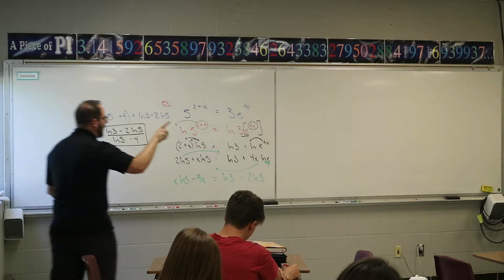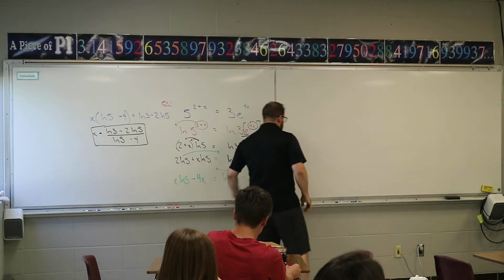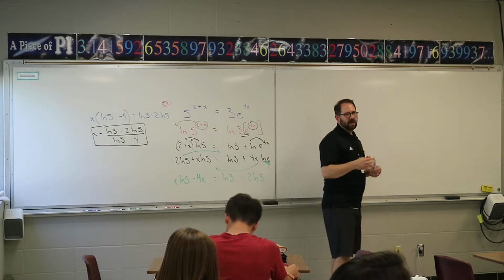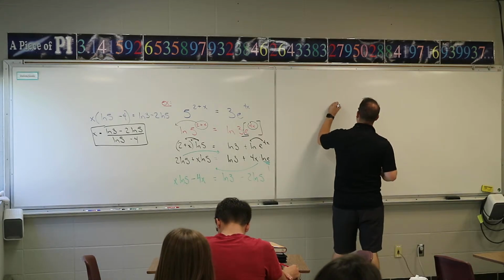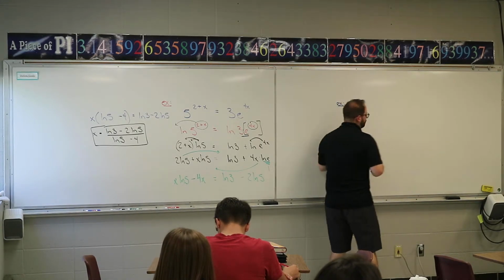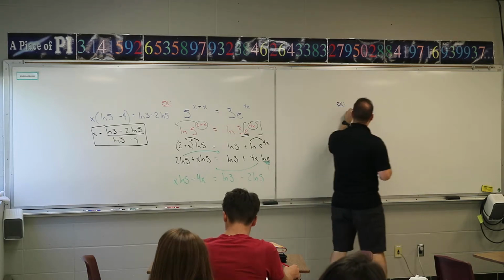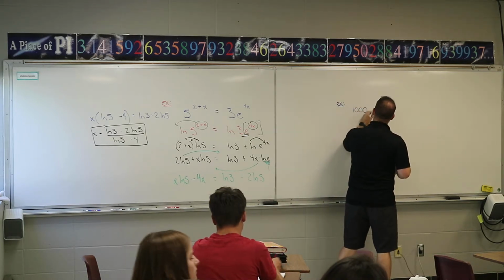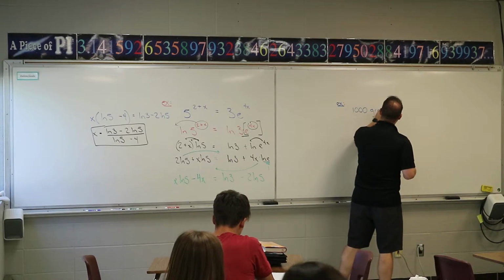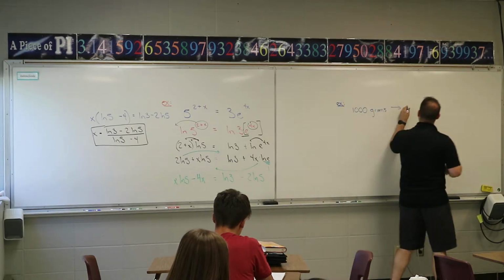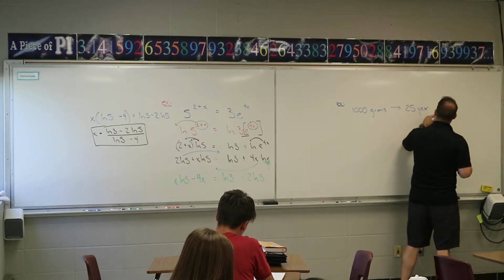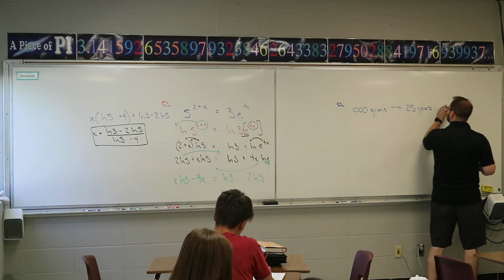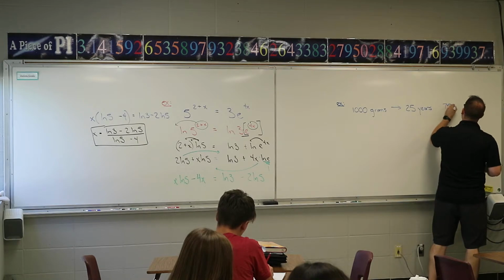All right, last problem I want to do is a story problem, where they give you a rough story and they ask you to find a certain result. So let's say that you had 1,000 grams of a certain substance, and over 25 years, it dropped down to 750 grams.